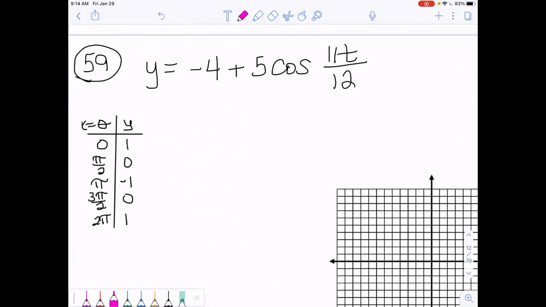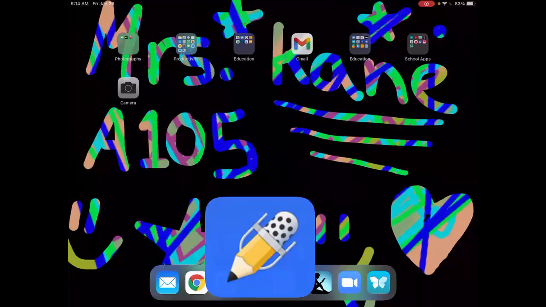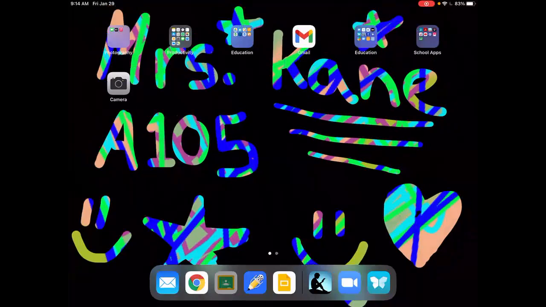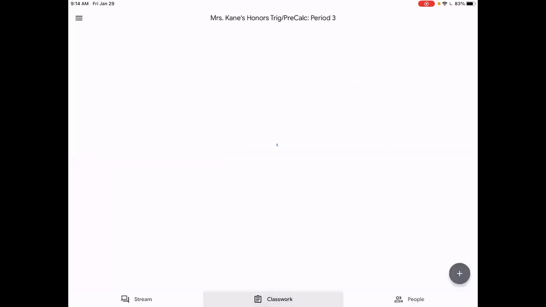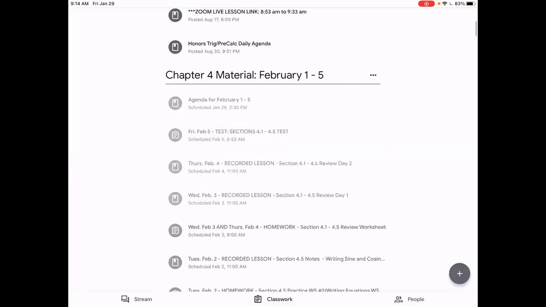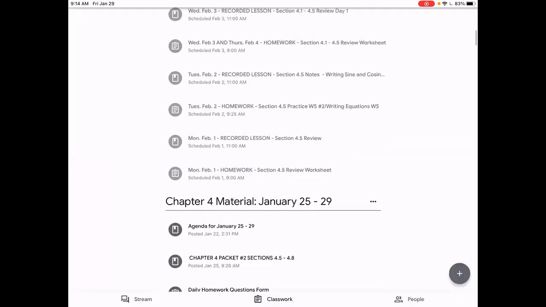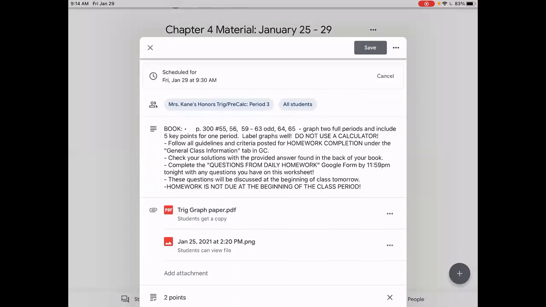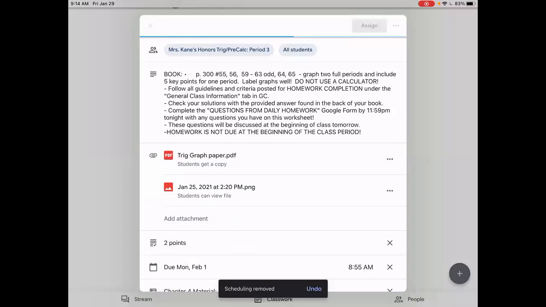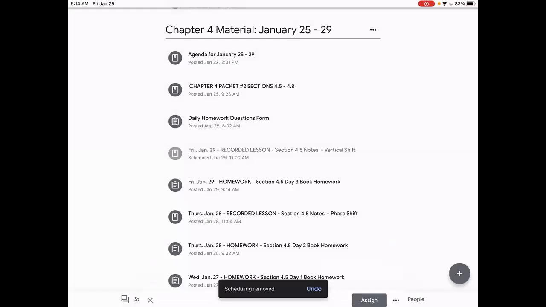So if you want to open a slide for your homework, or is the assignment posted? I don't know. Let me open the assignment so that if you want to use that. All right, so the assignment should be posted if you wanted to use the graph paper there.